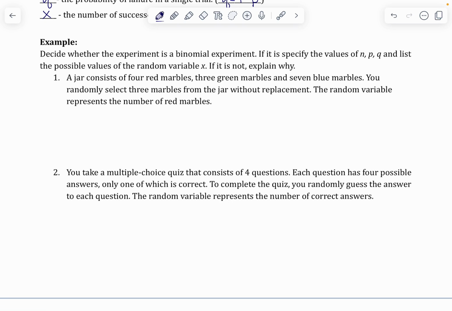So first thing we need to decide, is it going to be a binomial experiment? So do we have a fixed number of trials? And we do, because we're selecting 3 marbles. Are each of those trials independent from each other? And they're not, because we're not replacing, which automatically means this is not a binomial experiment.